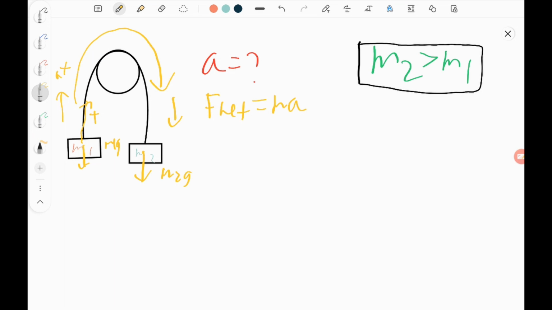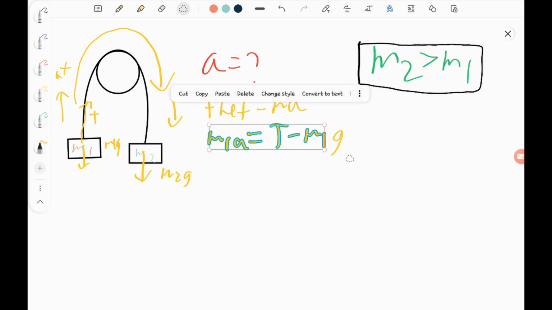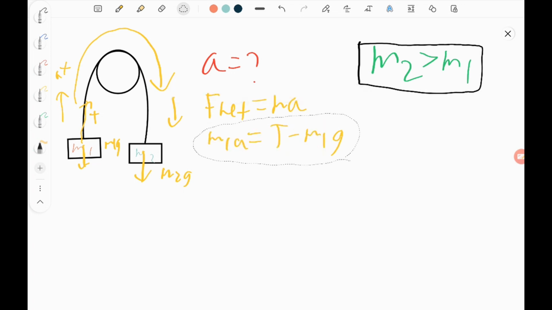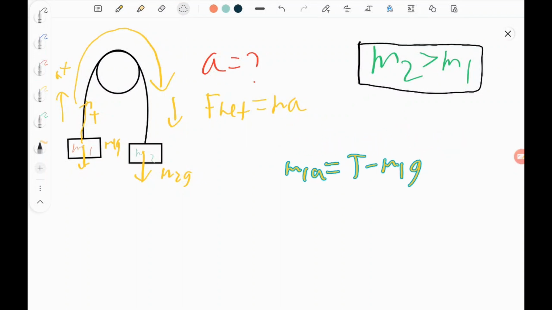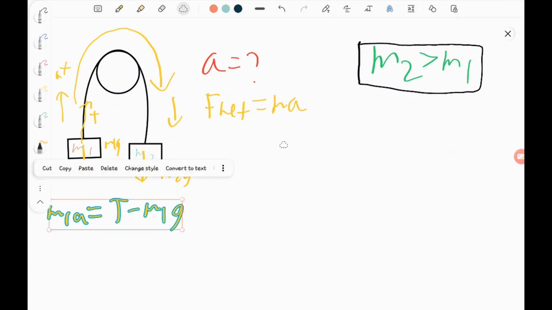So keep in mind F net equals MA, so the net force on block 1, M1A, must be equal to the upward tension minus the downward gravity force in the opposite direction. So we're going to be saving this equation for later, as we'll be substituting T later on, as in the first example. So let's move this over here.